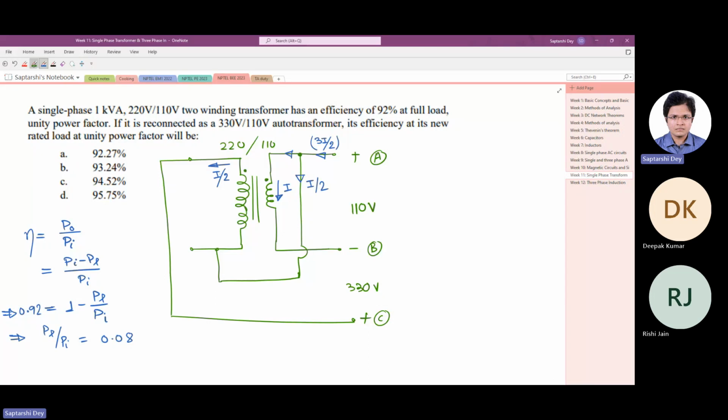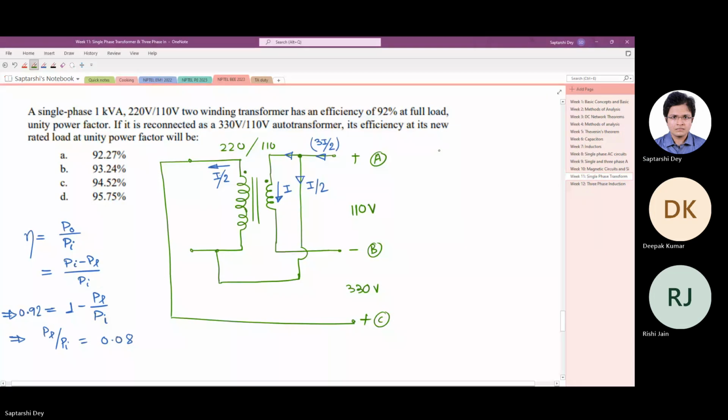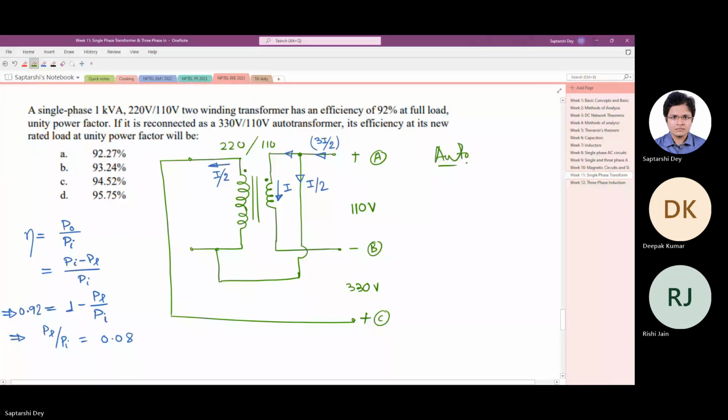Now what happens when we are operating it as auto transformer? The input power changes. We saw there that for regular transformer input power was I, but for auto transformer it becomes 3I by 2. So the input voltage is same.